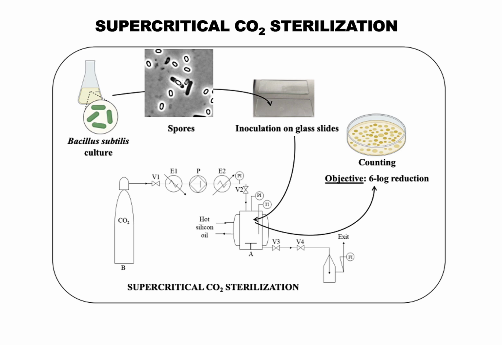Additionally, increasing the temperature or employing rapid cycles of pressurization and depressurization can further improve its efficacy by promoting cell lysis. One of the key advantages of using supercritical CO2 for sterilization is its non-reactive, non-toxic, and non-flammable nature, allowing for effective sterilization at lower temperatures.